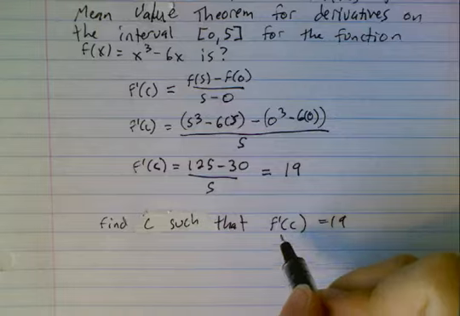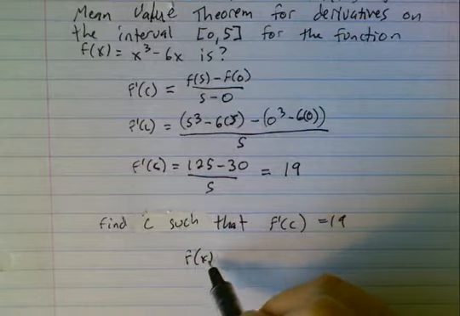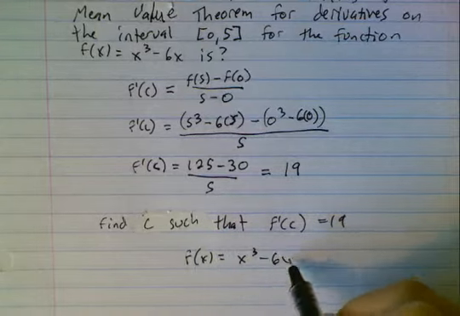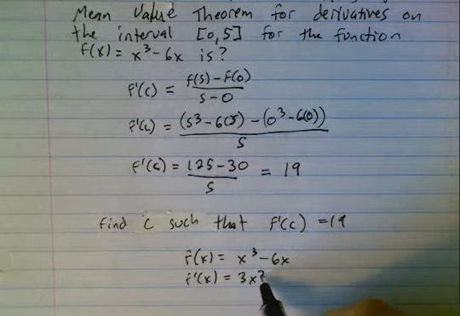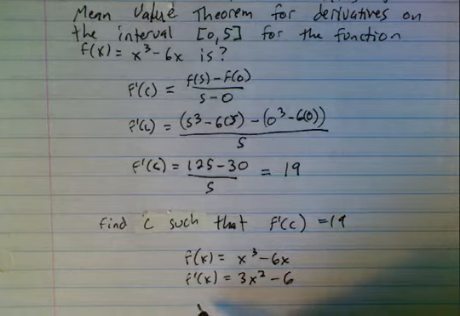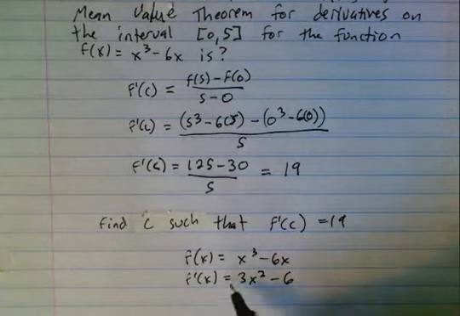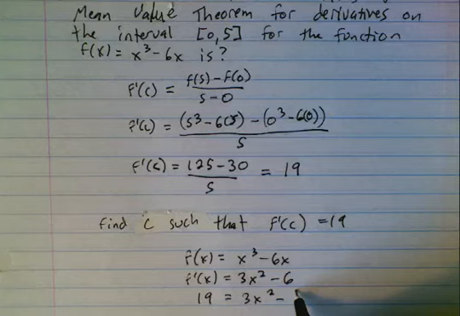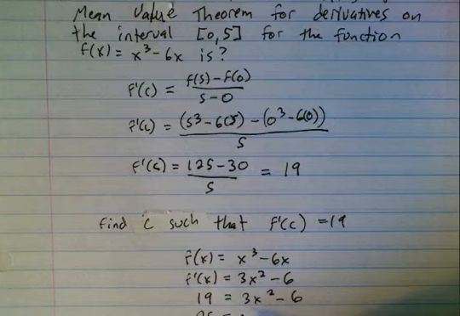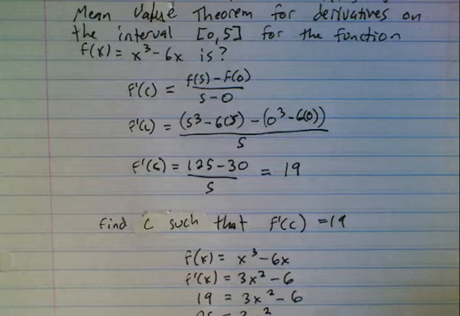So we're going to be working with the derivative, so let's start off with our original function. f of x equals x cubed minus 6x. f prime of x equals 3x squared minus 6. And we want f prime to equal some number, 19. So 19 equals 3x squared minus 6. Add 6 to both sides, 25 equals 3x squared.